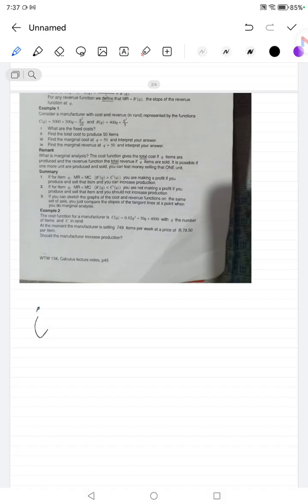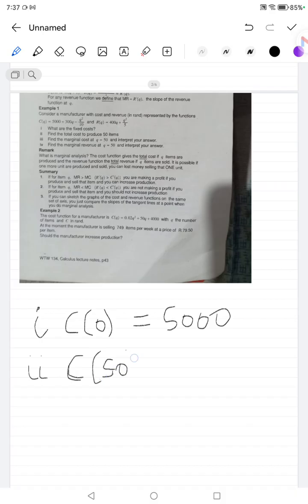The first one we said is the same as having your C of 0, then you're going to get your 5,000. The second one, find the total cost to produce 50 items, is the same as having your C of 50. Then it gives you $19,750.